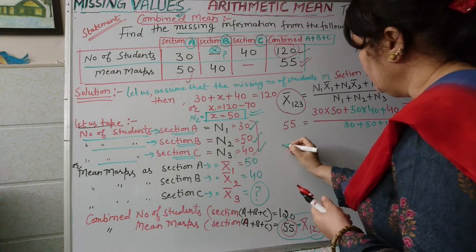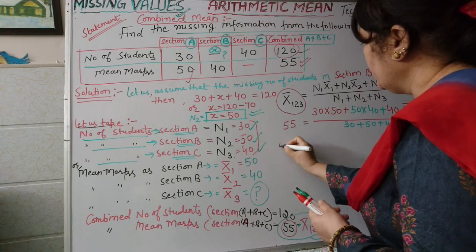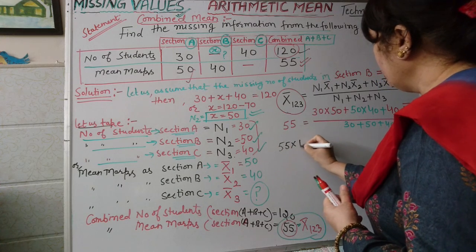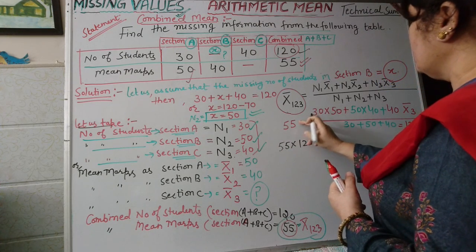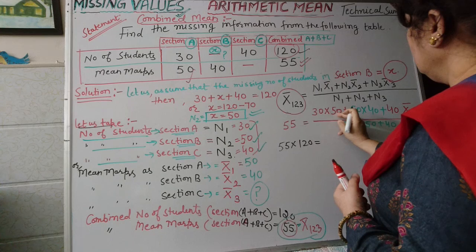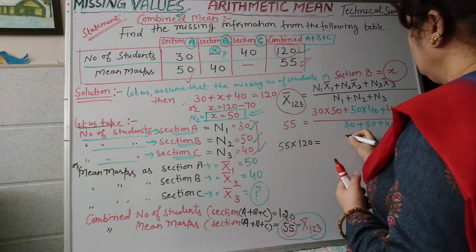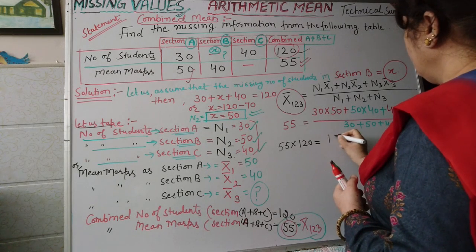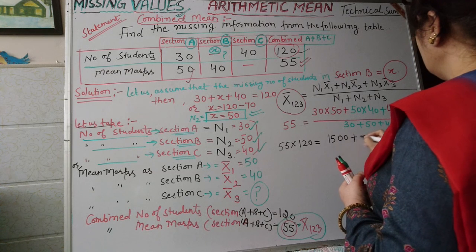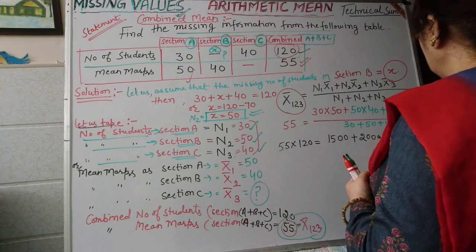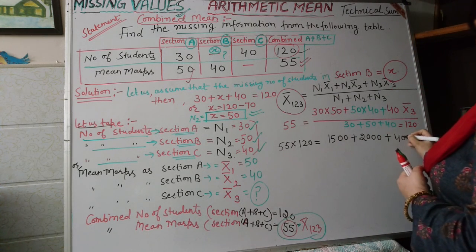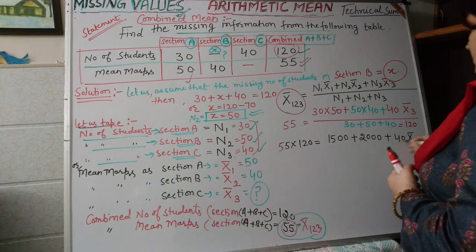Now here 55 multiplied by 120 by cross multiplication is equal to 1500 plus 2000 plus 40 x bar 3.